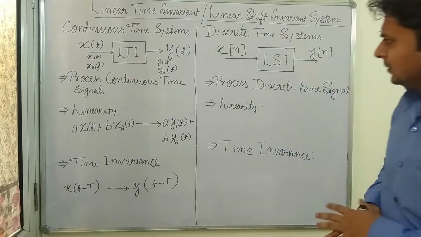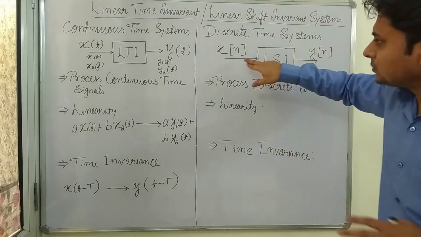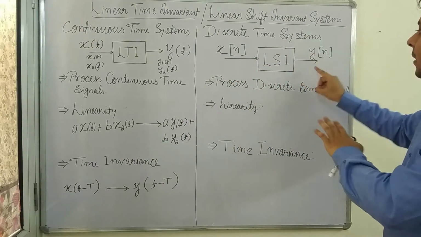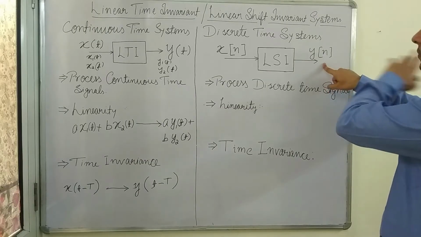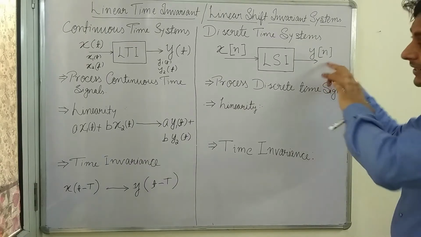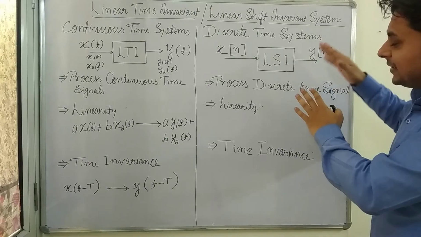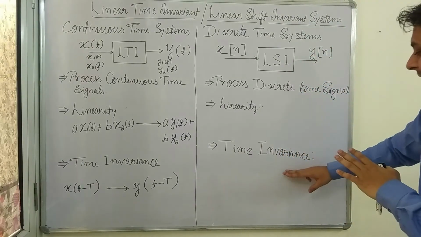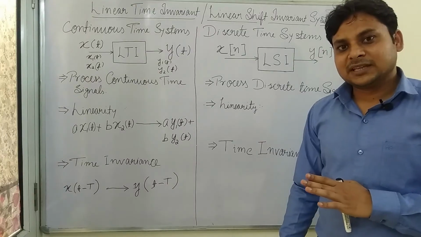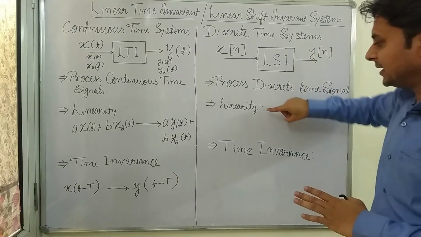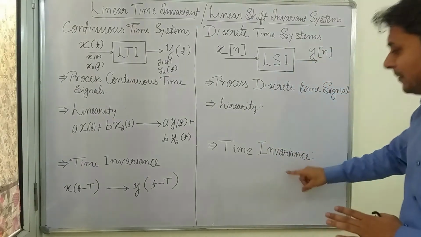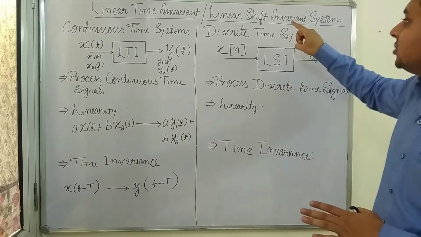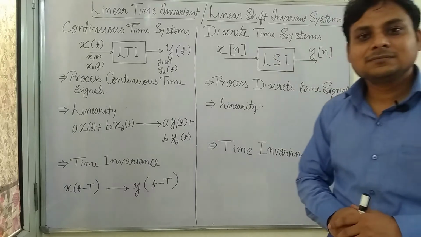Now let's come back to the topic. When I give an input x[n], this system will give output y[n]. If this system shows both the properties, linearity and time invariance, then it is known as a linear shift invariant system.